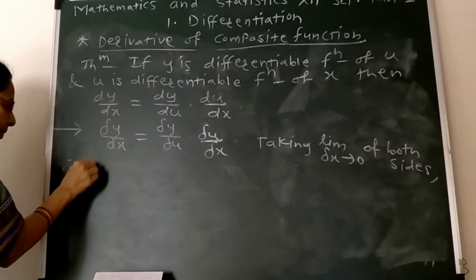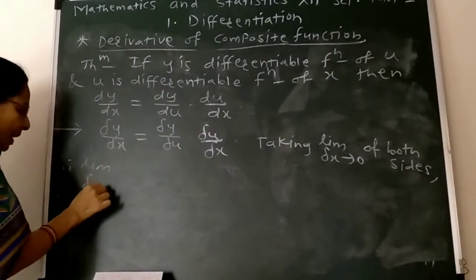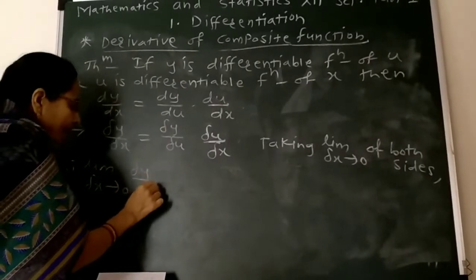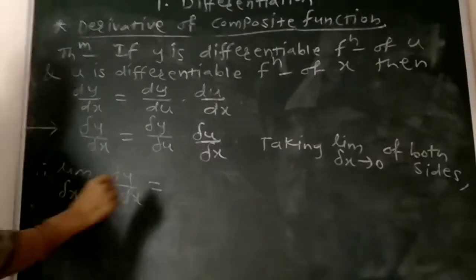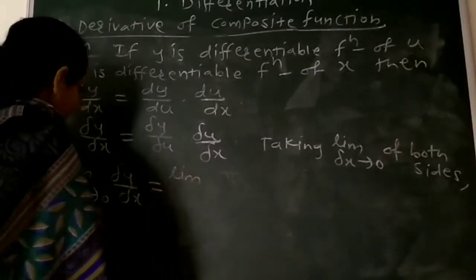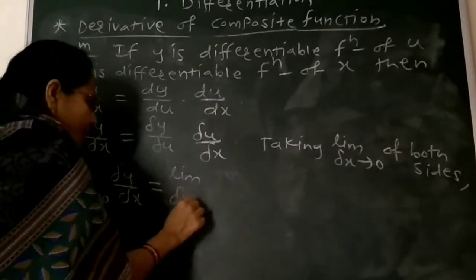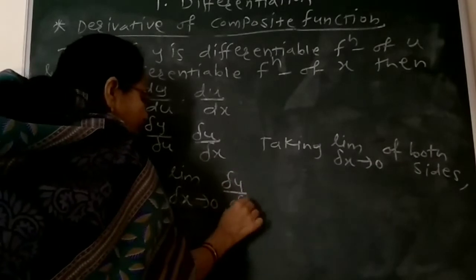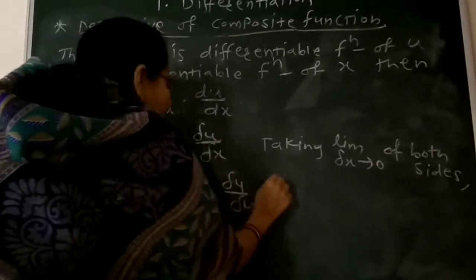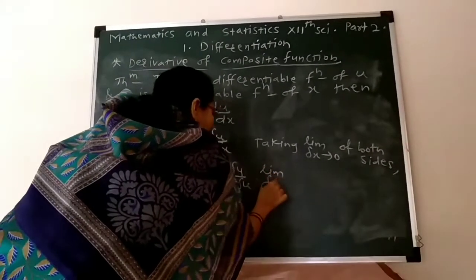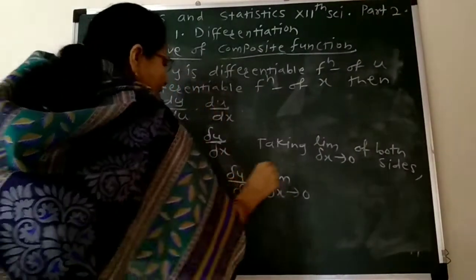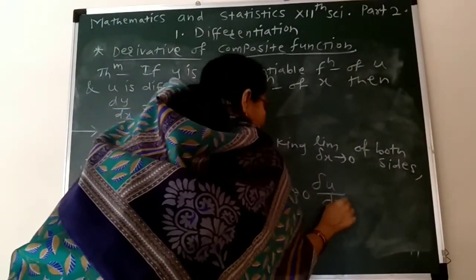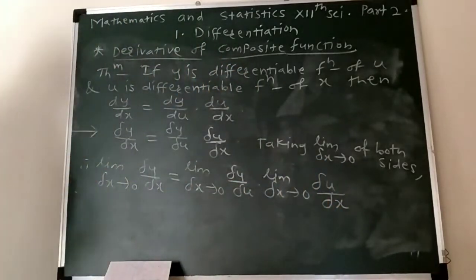Therefore, limit as delta x tends to 0 of delta y by delta x is equal to limit delta x tends to 0 of delta y by delta u, into limit as delta x tends to 0 of delta u by delta x.